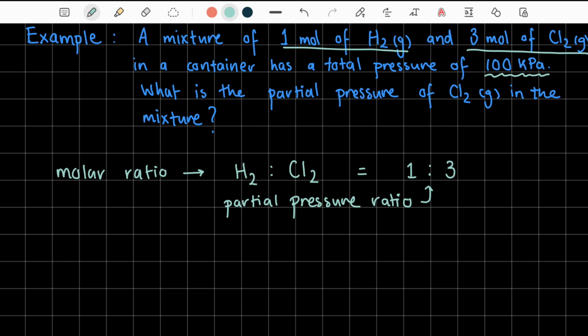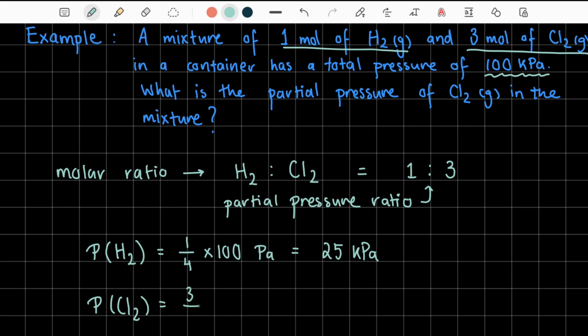So we know that the partial pressure of hydrogen gas will be 1/4 of the total pressure, which is 100 kilopascals, which is going to be 25 kilopascals, and the partial pressure of chlorine gas is going to be 3/4 of your total pressure, which is 75 kilopascals.